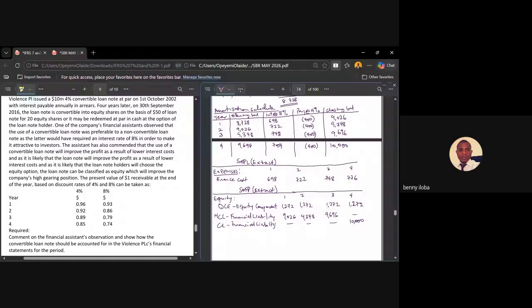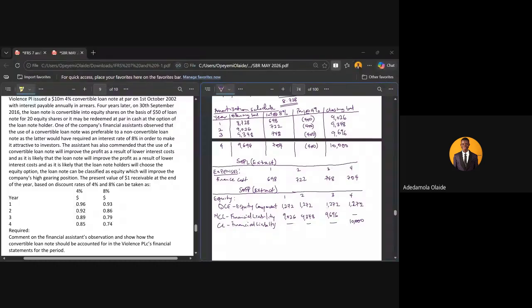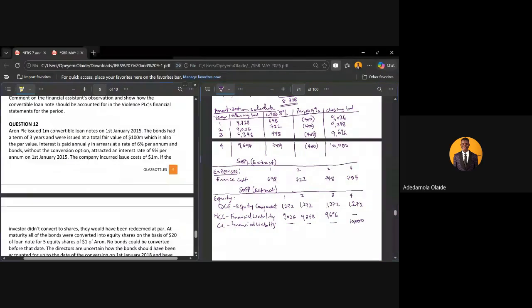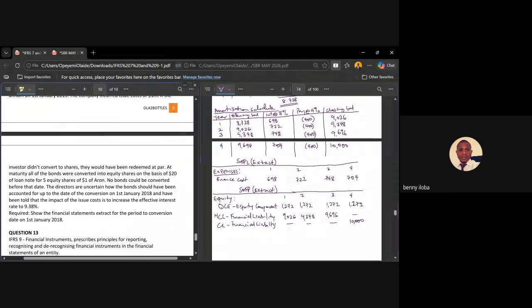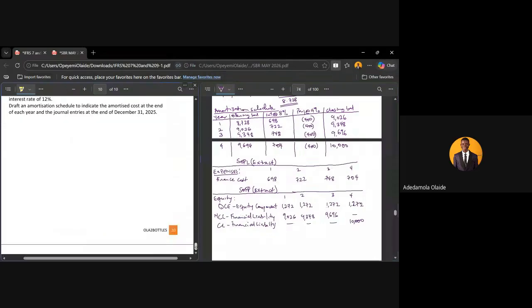Okay, ladies and gentlemen, boys and gentle girls, I hope with these few points of mine, I've been able to confuse you on what financial instrument accounting, IFRS 9, is all about.